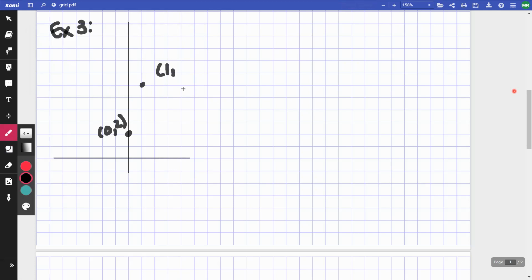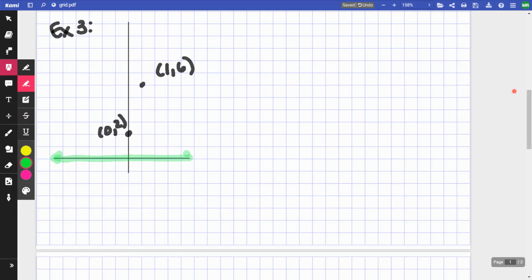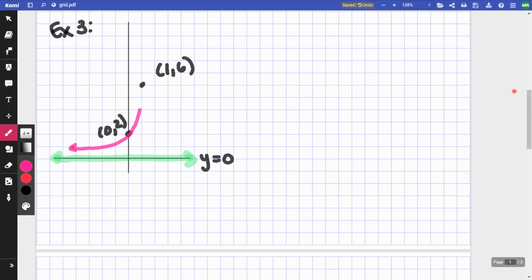So we have a point at 1, 6. And again, we have our asymptote always on the x-axis, I apologize, which is y equals 0. And when I draw this in, here is going to be our graph. Since we have a point right here at 0, 2, that means my a is going to be 2. So I know it's going to be 2 times b to the power x.